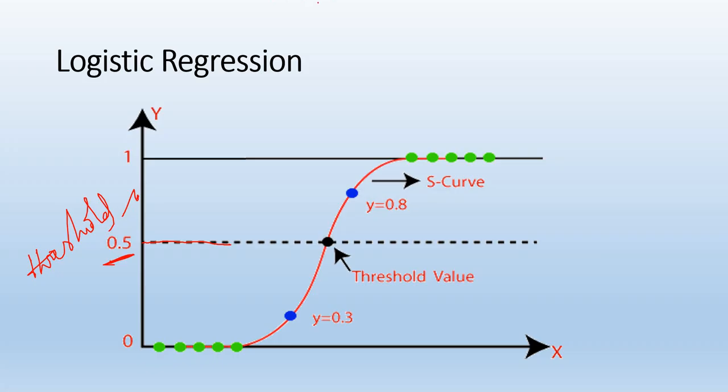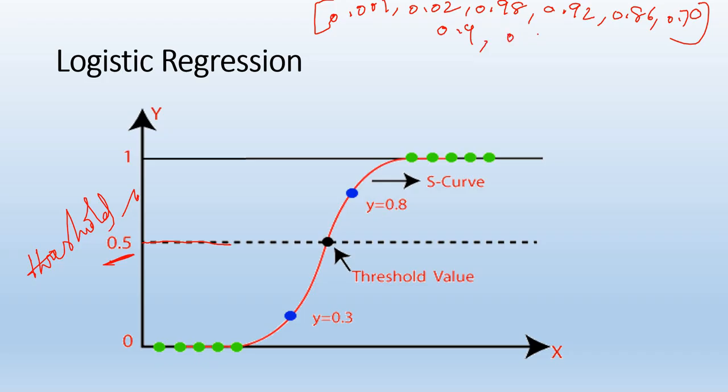I have a set of values, for example 0.001, 0.02, 0.98, 0.92, 0.86, 0.70, or 0.4, 0.3, 0.2, 0.1, 0.5, 0.56, and so on. This algorithm is going to handle these kinds of values.